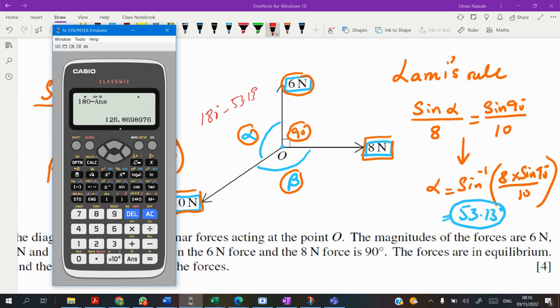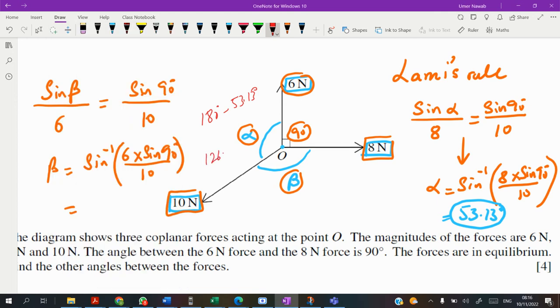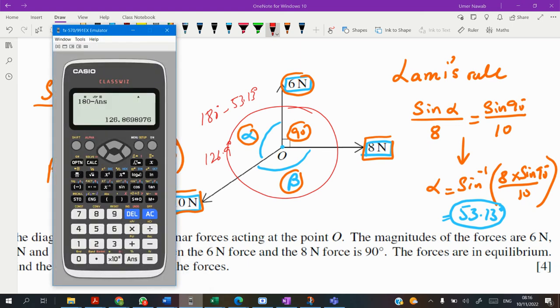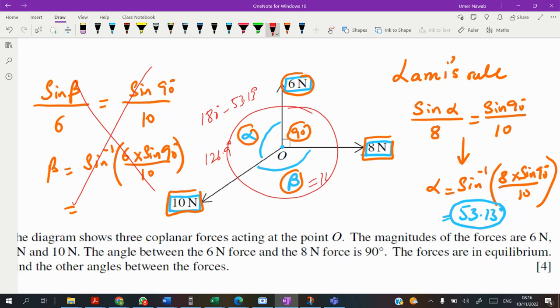Remember, we already got this answer from the equation solver, 126.9. And to get beta, no need to use this formula. Just from 360, I will subtract the sum of 90 and 126.9. So I'm going to write 360 minus 90 plus my answer. And I got 143.1.